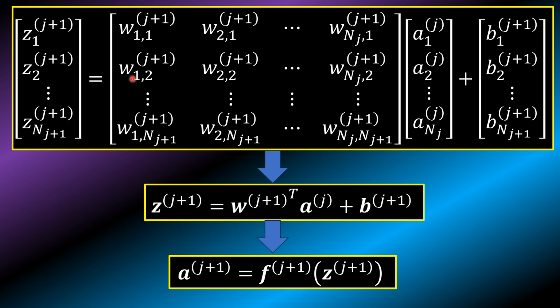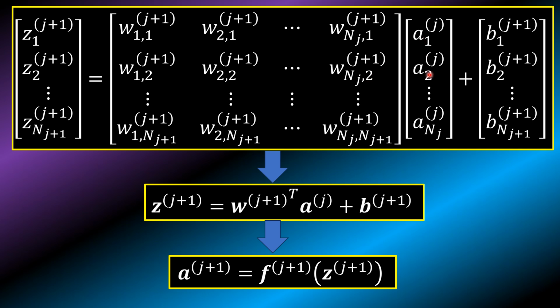In our weight matrix, for example, we have this over here: the weight associated with the connection between the n sub jth, or the last neuron in the jth layer, because there are n sub j neurons in the jth layer, and the second neuron in the J plus 1th layer.